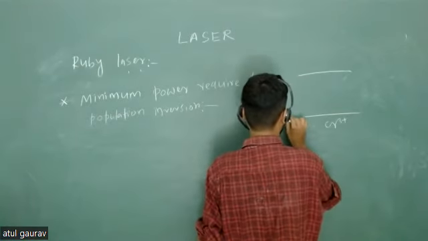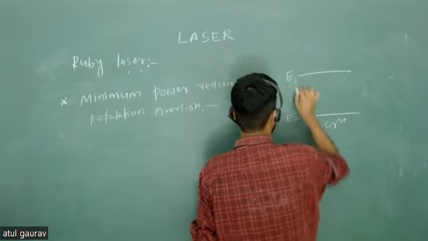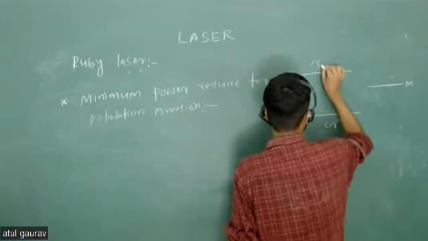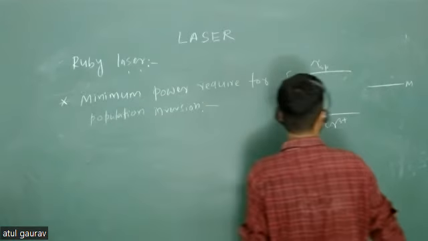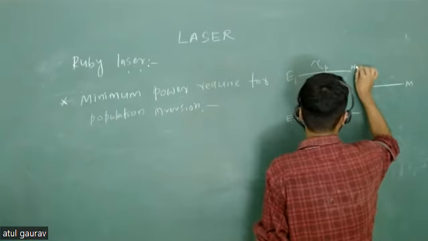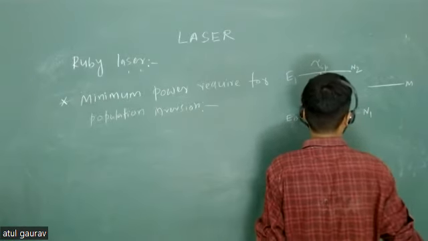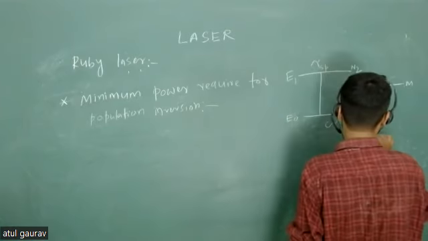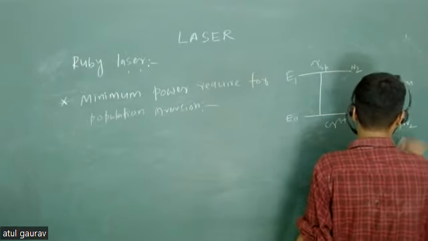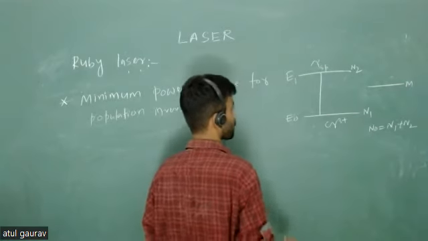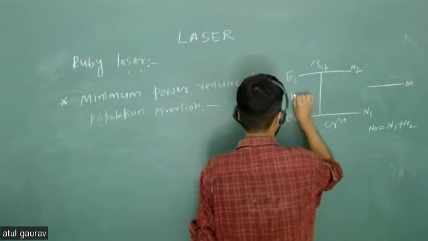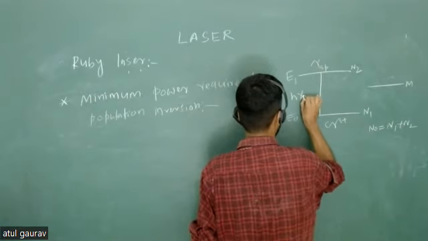So this is your E0, E1 and M. Let us assume the lifetime of this excited state is tau sp. Okay. And you're pumping here, that number of atoms is N2, here N1. Okay. Here N1, N2, and total number of chromium atoms is N0, that is N1 plus N2. Okay. So you are pumping these atoms from ground state to here, and let us assume that frequency corresponding to this light or pumping frequency is nu p.